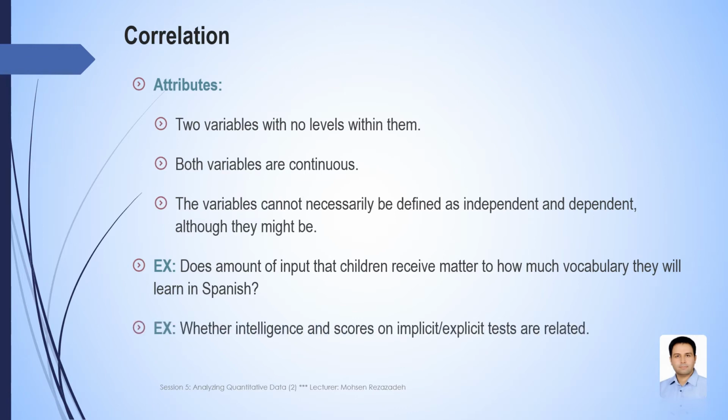Another study may examine whether intelligence and scores on implicit or explicit tests are related. That is, we have an intelligence test and we have scores on implicit and explicit tests. Then we run Pearson correlation coefficient.